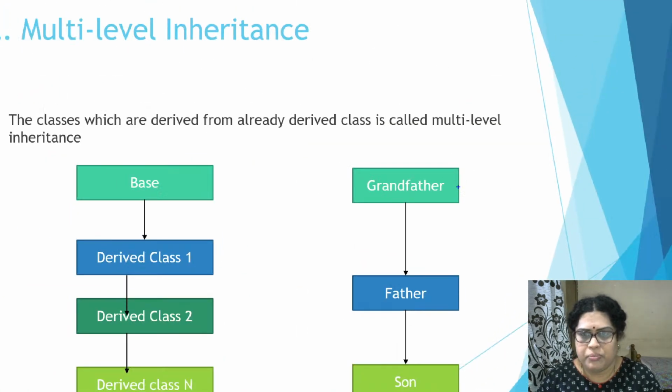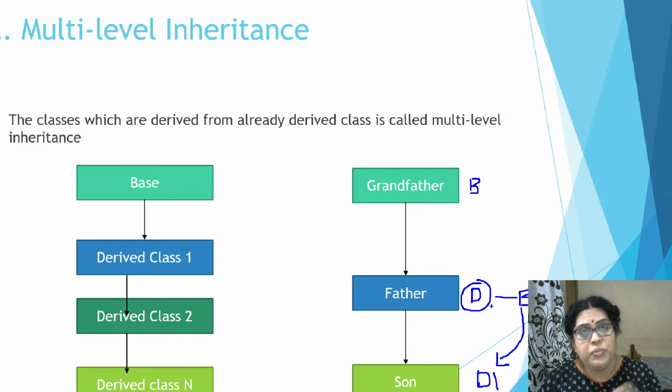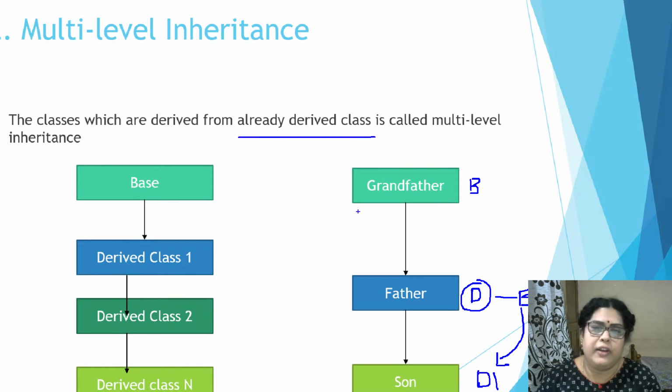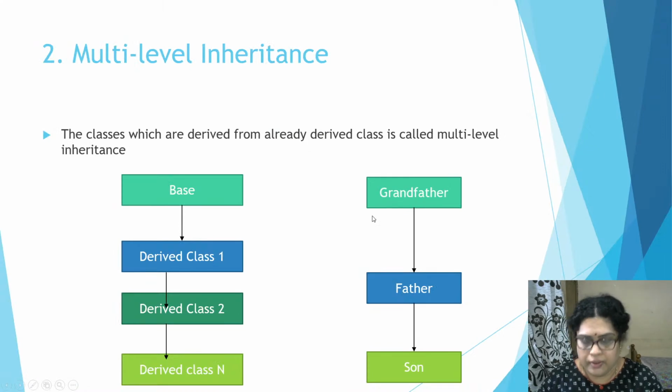So here this is a base class, this is a derived class, and this derived class now becomes the base class, and from here another class is derived. So the derived class becomes the base class for another class. The classes which are derived from an already derived class is called multi-level inheritance. Hope it is clear.